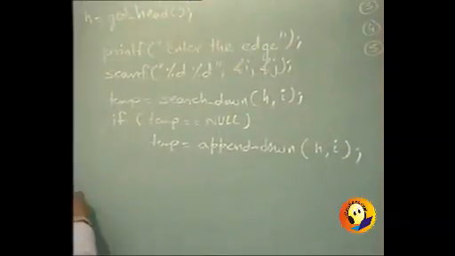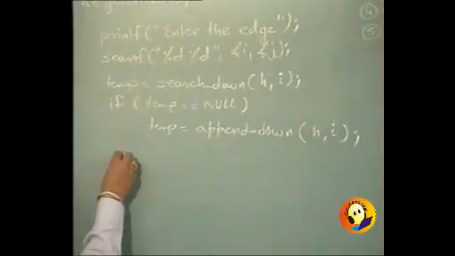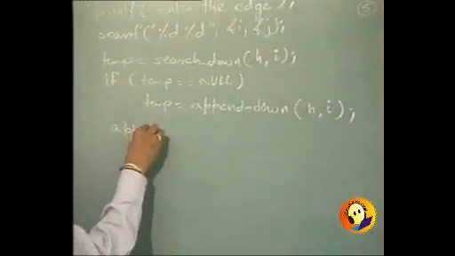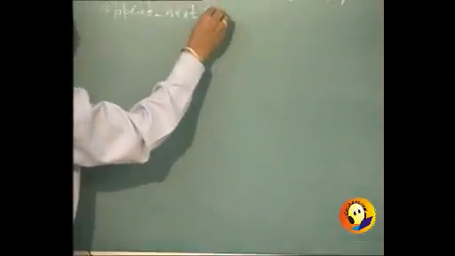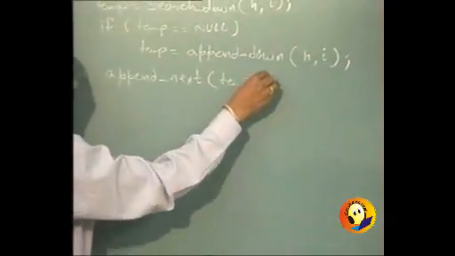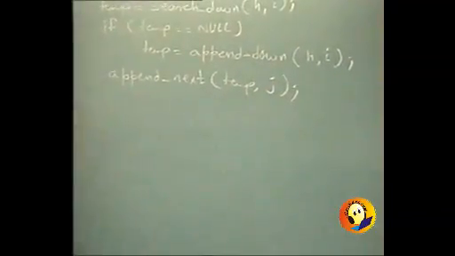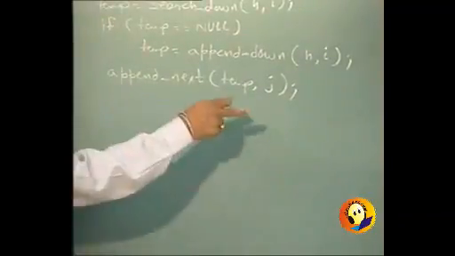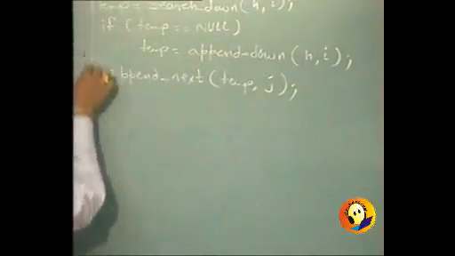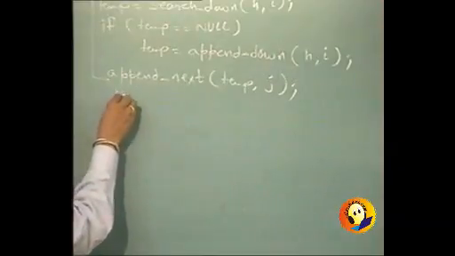In either case I will have to append the next list. I will say append next of this temp by J. Add that node of I and append its next by J. Follow the same thing the other way round.